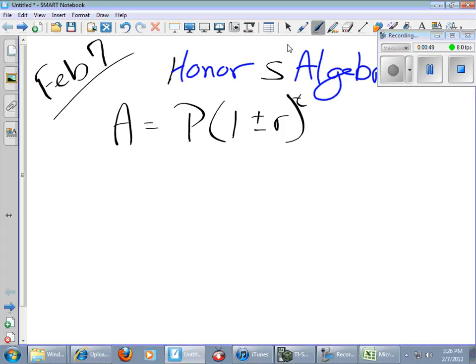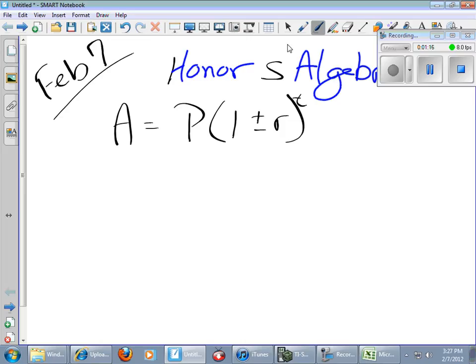The 1 is in there so that you don't have to do two steps. Plus if something is growing, minus if it is decreasing or shrinking. P is the principal, the amount you start with, and A is the amount at the end.